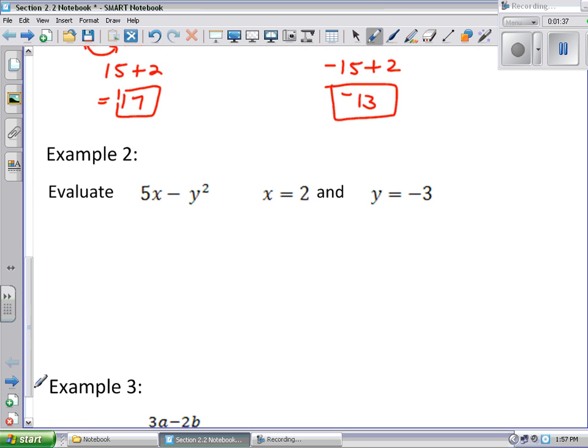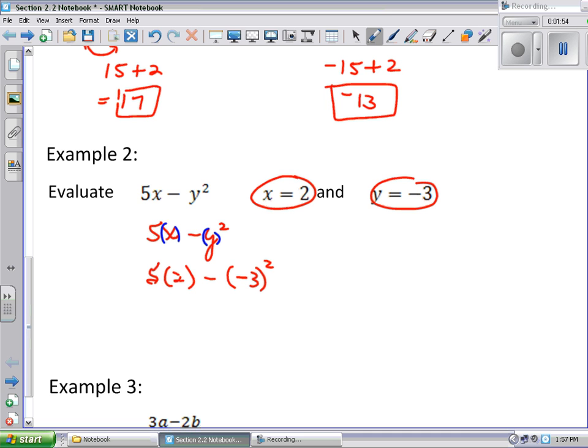Going on with example 2, I have 5x minus y squared when x is 2 and y is negative 3. So I'm going to wrap my variable in parentheses. Then I'll have 5 times 2 minus negative 3 squared.